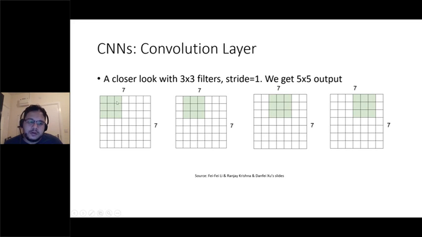Along the horizontal line, it's 5. And the same goes for the vertical axis. We are going to move by 1 here, then 1, then 1, and we move 5 times. So we get 5 by 5 outputs. Is it clear? Yeah, thank you.